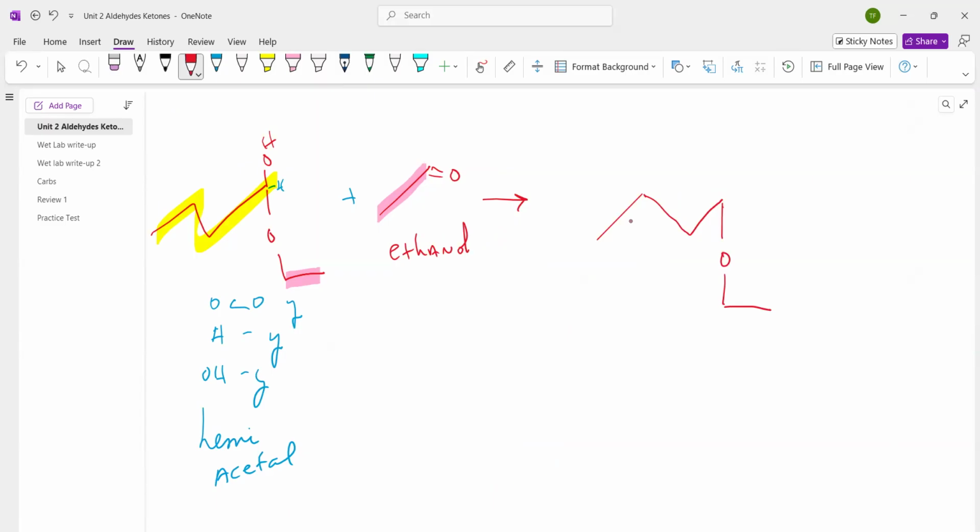But this ethanol now is going to be, I drew an aldehyde. Okay, so this guy is going to go attack here, and the H is going to go there. So we're going to end up with this, and then our anomeric carbon has not moved.